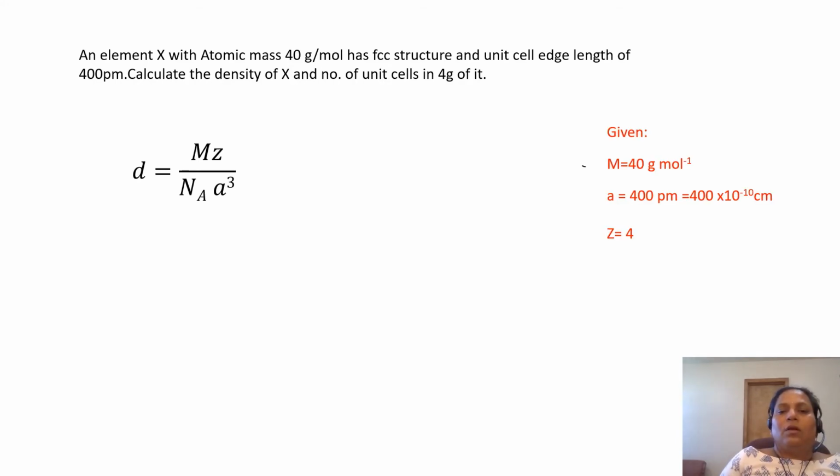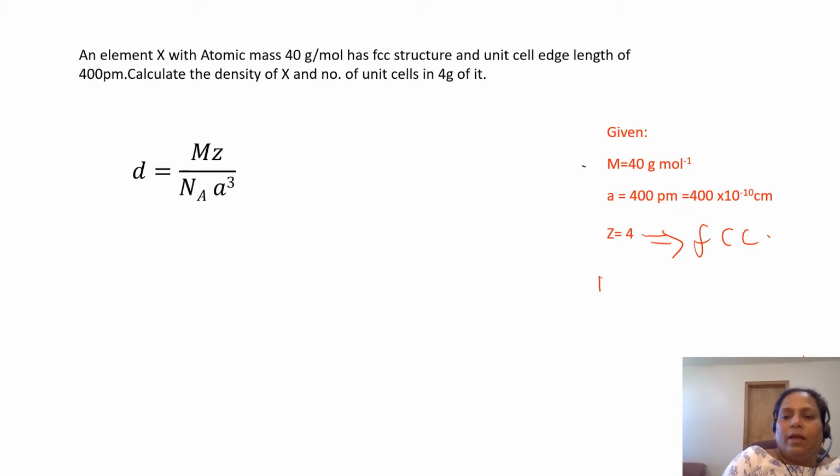So now we have to substitute the values in the formula. D is equal to MZ upon Na into A cube. So M is 40 gram per mole, A is 400 into 10 to the power of minus 10 centimeter, Z is, because it is an FCC lattice, equal to 4, number of atoms per unit cell.